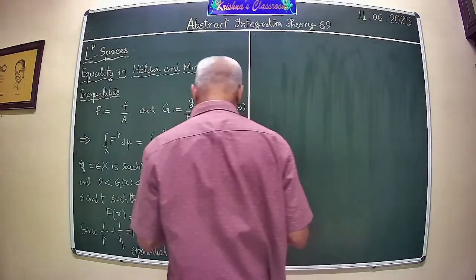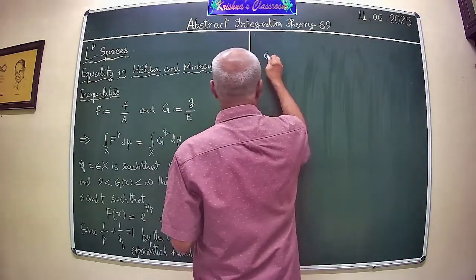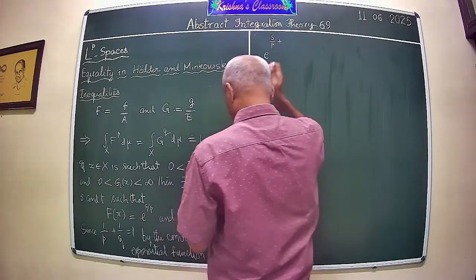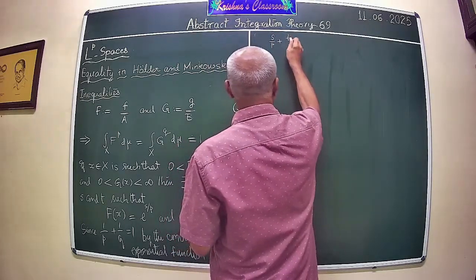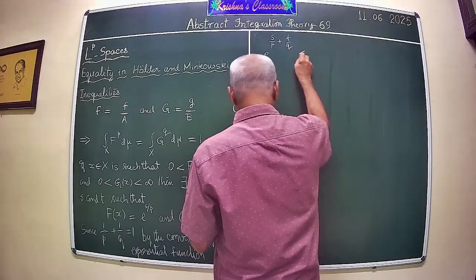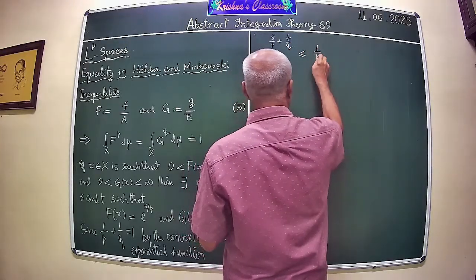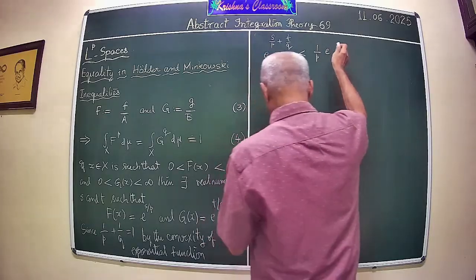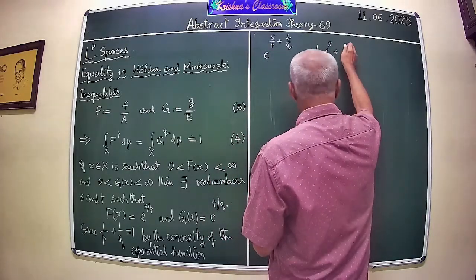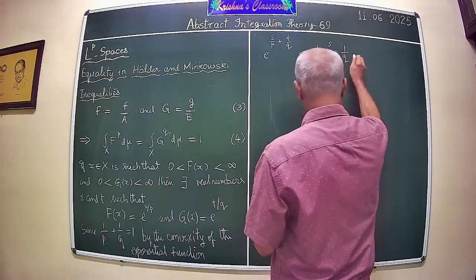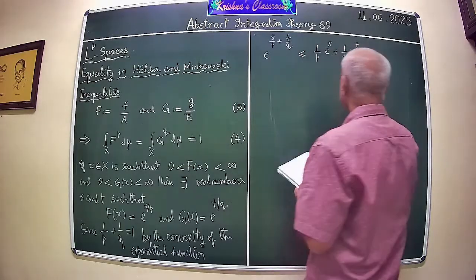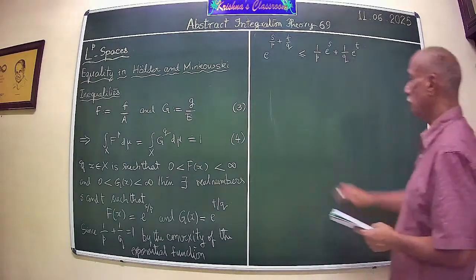We have e to the power s by p plus t by q is less than or equal to 1 by p e to the power s plus 1 by q e to the power t. Now this comes from this.